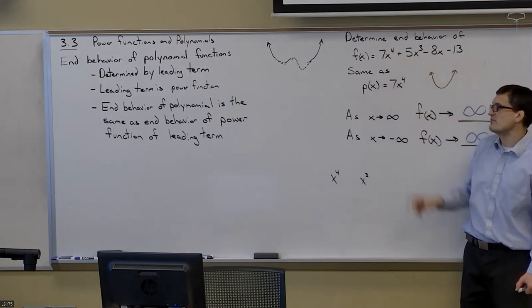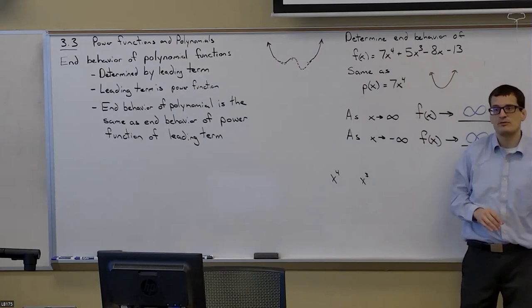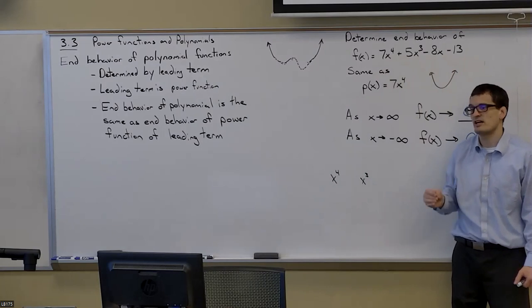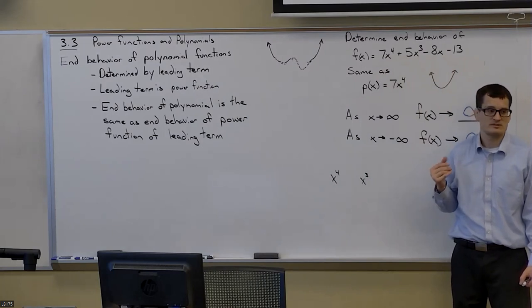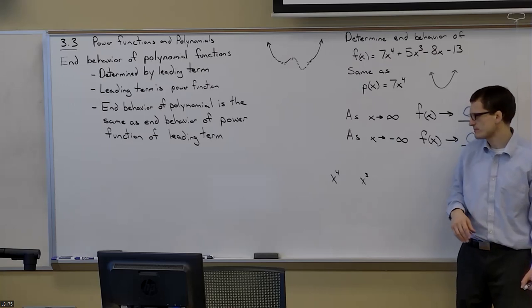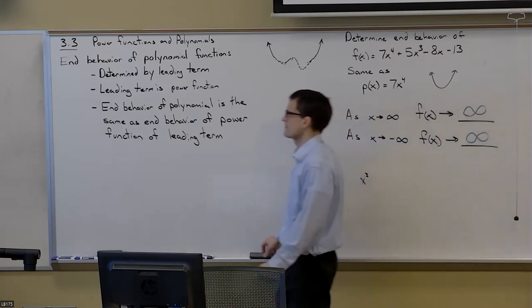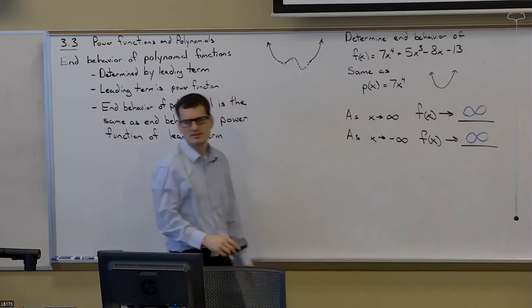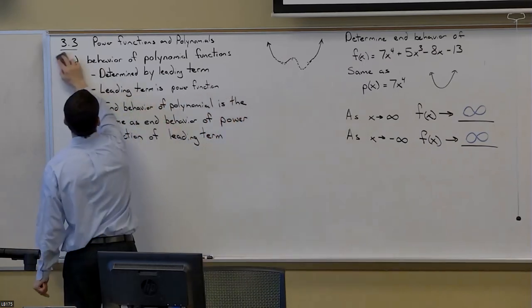And so the x to the fourth term is going to dictate what the entire function does, because it's going to be so much bigger in comparison to all those other terms. All right, bigger in terms of absolute value. Does that make sense? So that's the idea.